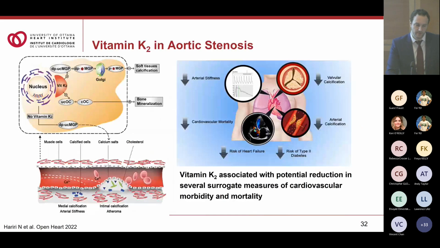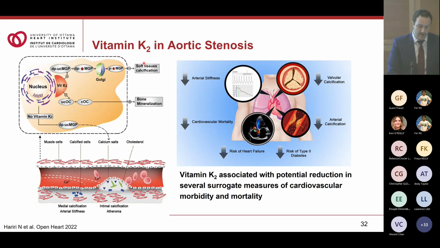Another agent, vitamin K, has been studied and associated with a potential reduction in measures of cardiovascular morbidity and mortality. The main thing it does is decrease calcification of the vasculature. So it's a potent inhibitor of calcification.